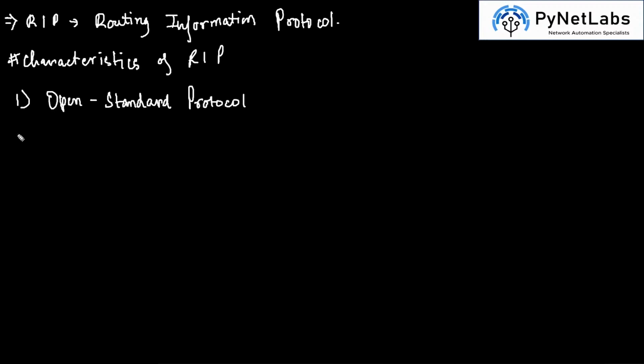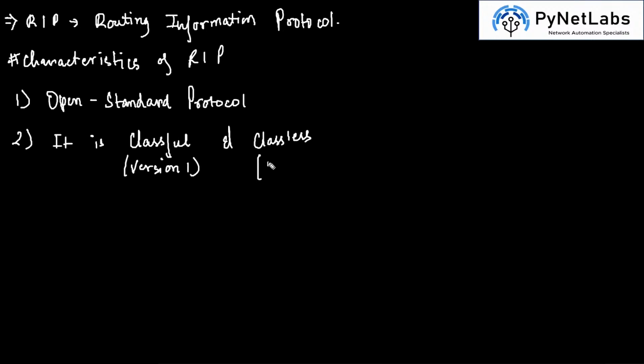So the next thing which we have for RIP is it is classful and classless. So when we talk about RIP, we have two versions. The version 1, which is almost obsolete. Then we have version 2.